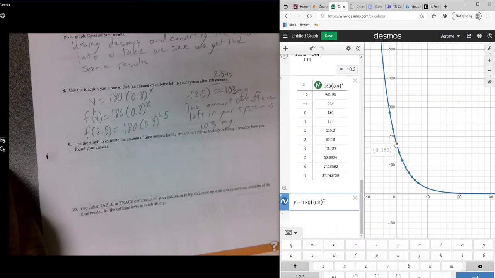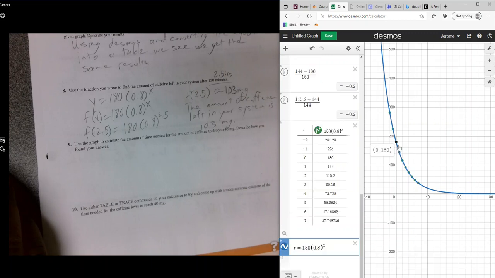Now you should be able to start dragging this until you get to where y is 40. Just keep going down. It's not going to be exact, but you will be very close.